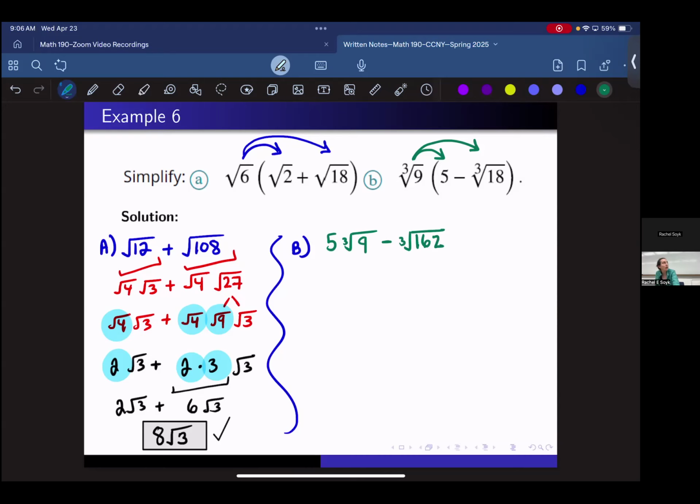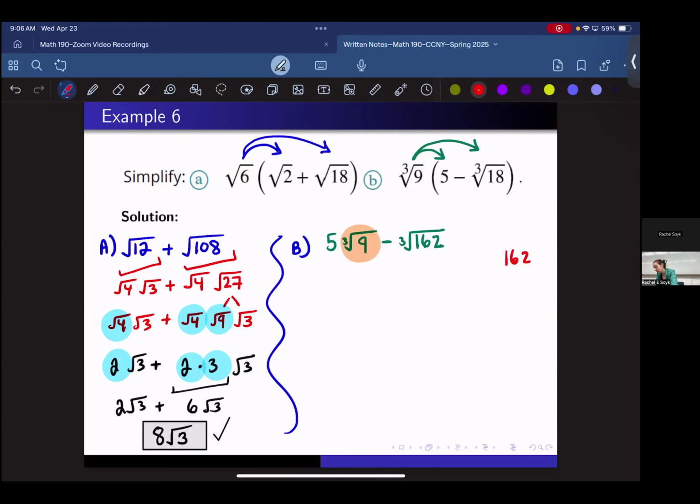And then let's simplify this further. So the cube root of 9 can't be simplified any further, which means there's a good chance that this is going to be the like radicand between these two different terms. So let's ask ourselves, does 9 go into 162? And it does.